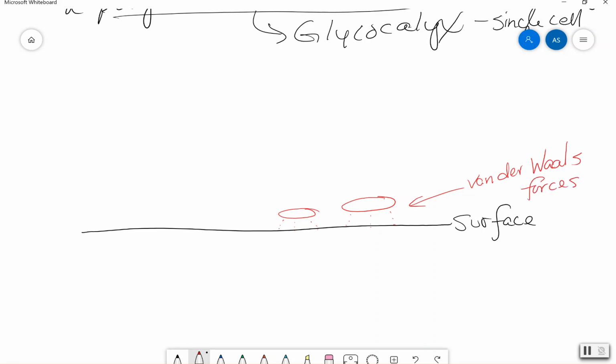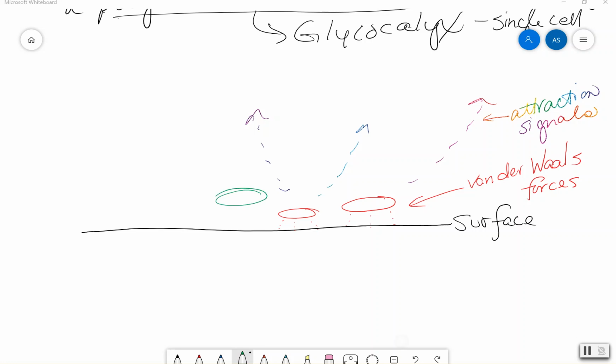And once they are weakly attached, they are going to send out chemical signals to attract other microbes. These signals for attraction are going to bring in other types of microbes.